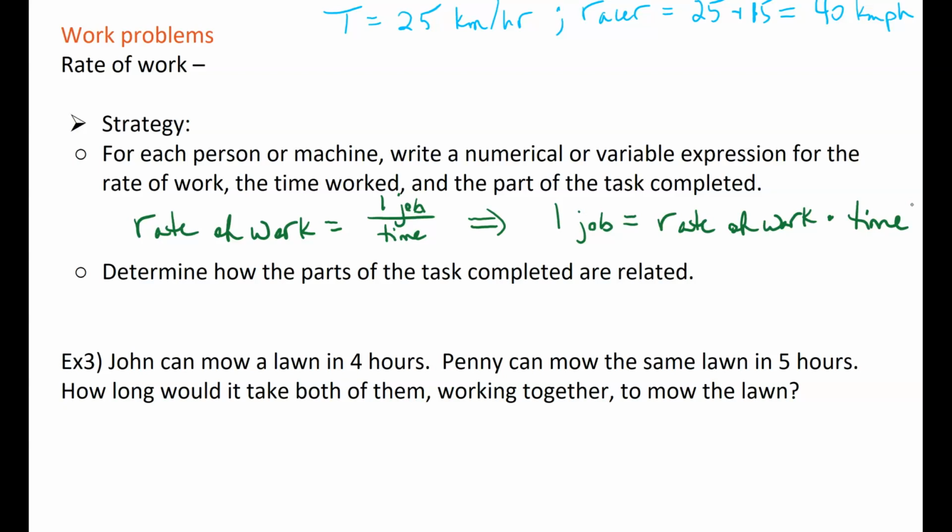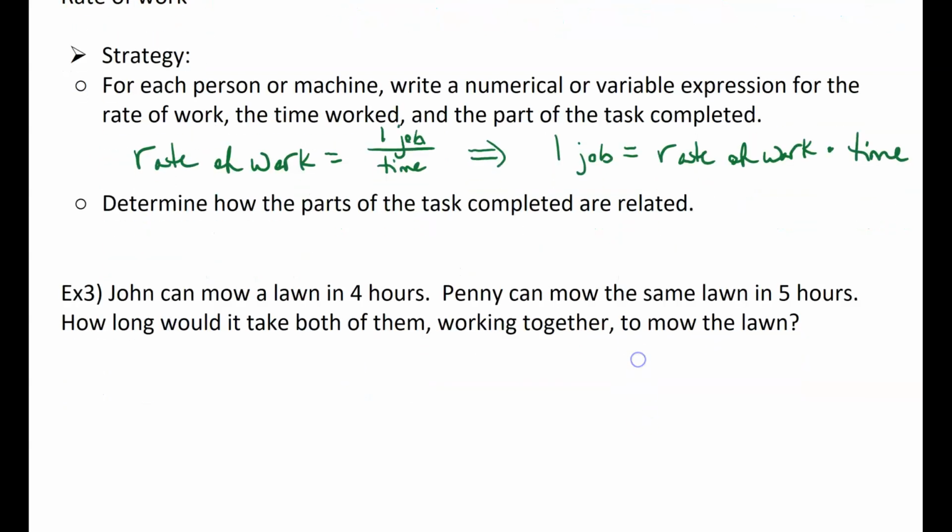So let's look at our first one, where we've got John who can mow a lawn in 4 hours. If John takes 4 hours to mow one lawn, what can we say about John's rate?